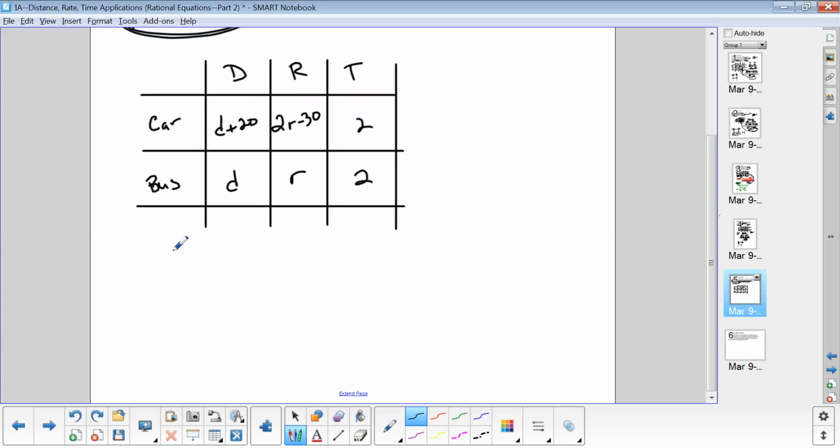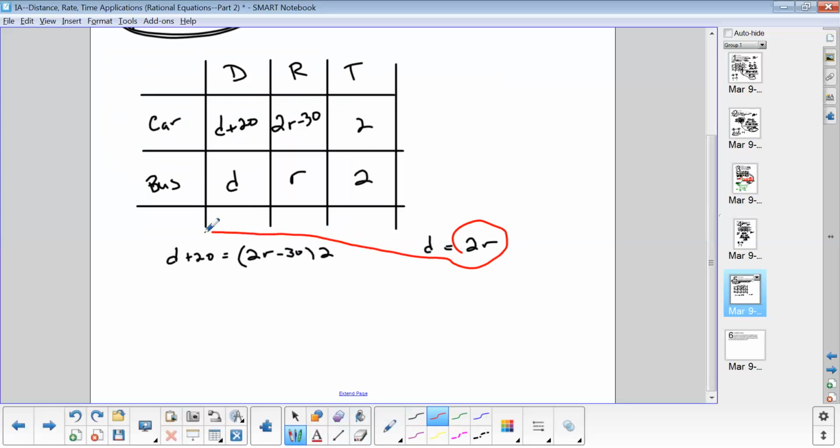So we know that distance is equal to rate times time. But we know the bus distance is equal to 2R. So I'm going to take distance equals 2R and substitute it right here. So that's going to give me 2R plus 20 equals, let's distribute, and we're going to get 4R minus 60.